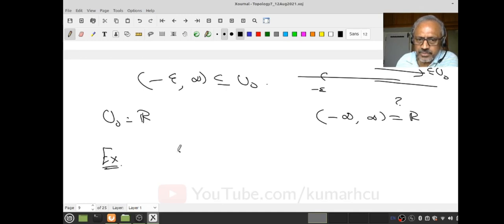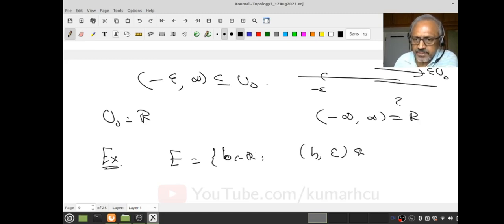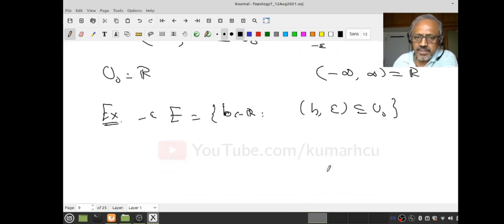You construct a new set E such that it is the set of B in R such that B to epsilon is contained in u naught. Therefore minus epsilon is here. Now argue whether it is bounded below or bounded above, not bounded below.